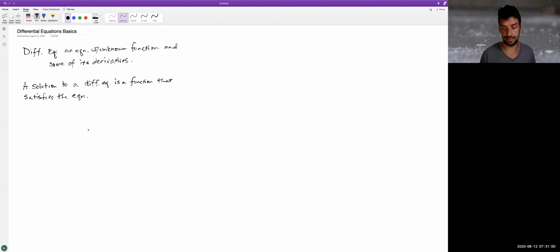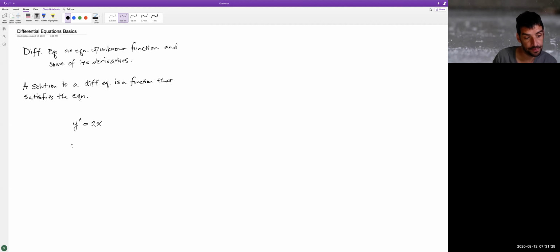So let's do an example and see exactly what I mean by solution. So we'll do a very straightforward y prime equals 2x, right? So we've got a derivative in this equation. And so we're looking for an unknown function, y, and here's an example where y doesn't appear in this equation. We want to find a function that satisfies this equation.